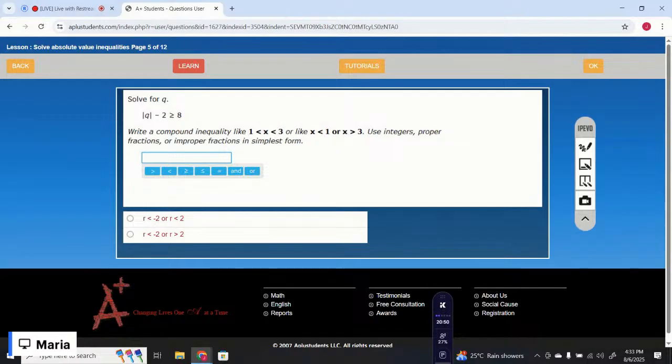Solve for Q. 8 plus 2 is 6. It would be between -6 and 6. But we are not given any of the solutions here.